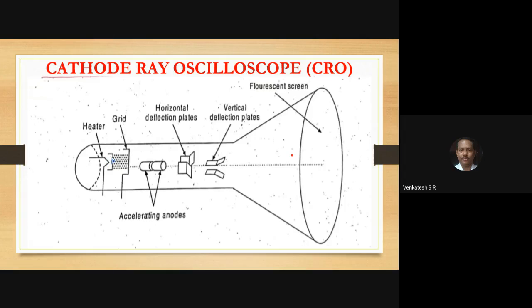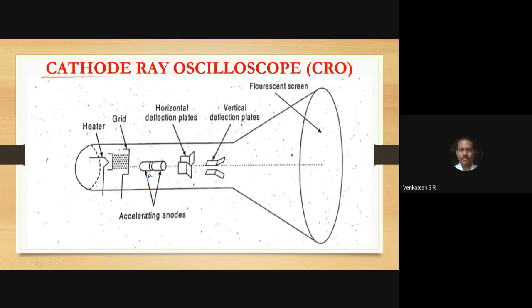The dots you observe here are the electrons. The grid absorbs all the electrons coming from the tungsten filament and makes the movement of the electrons uniform.